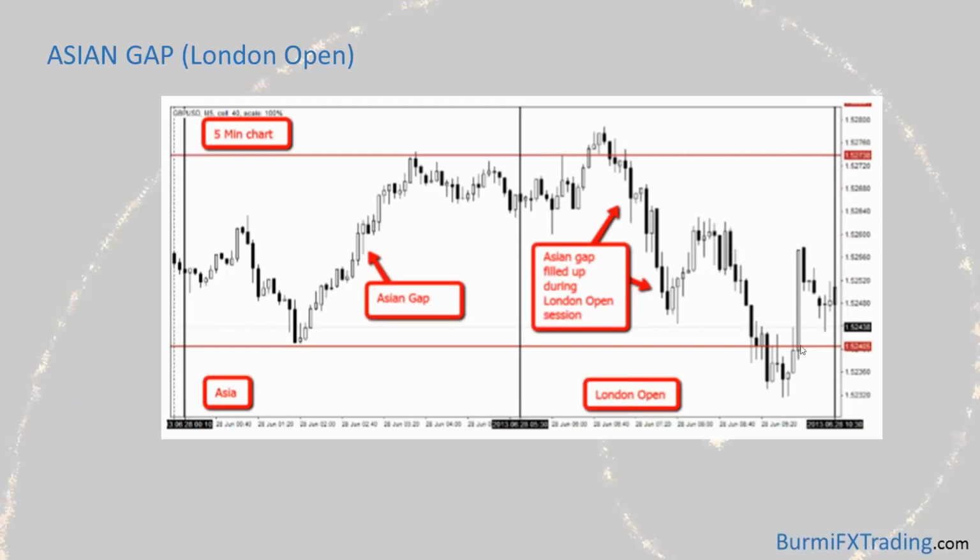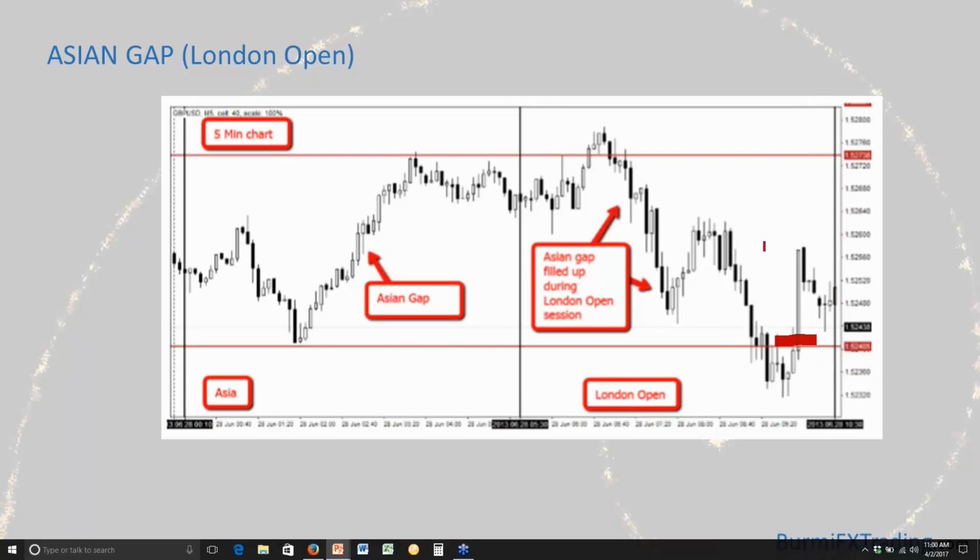So in this example, what I would do is take my buy trade here, and close most of my position, let's say about 70%. And on the remaining position, I'm going to break even.